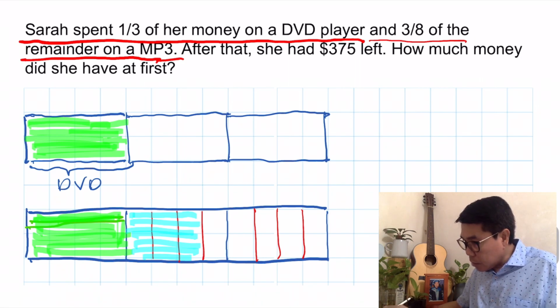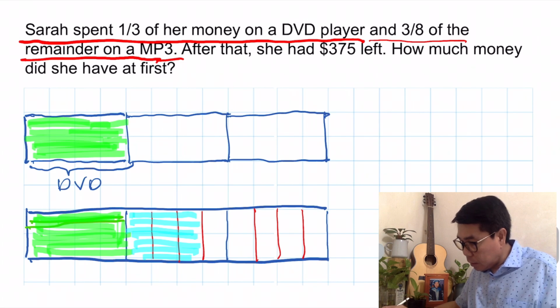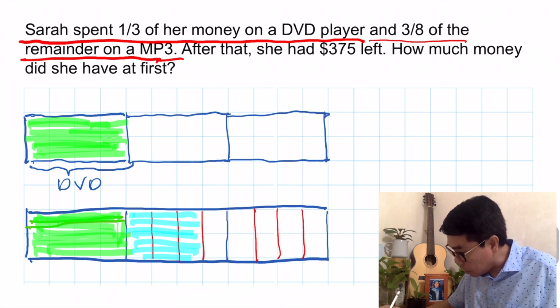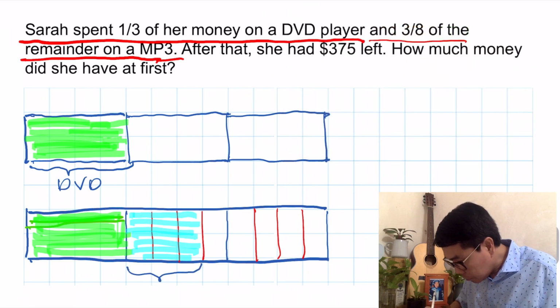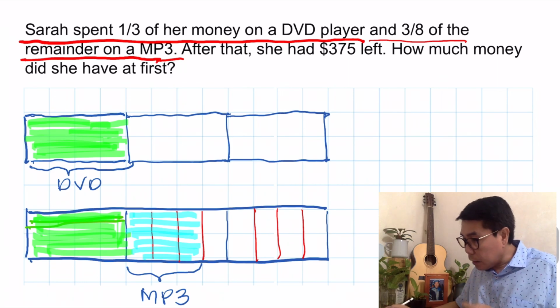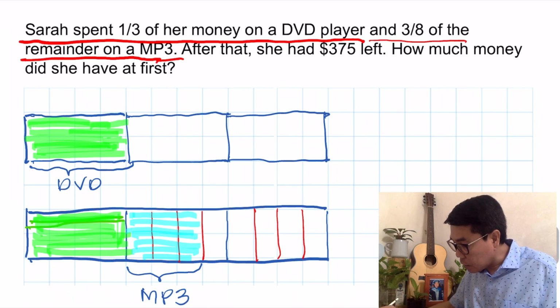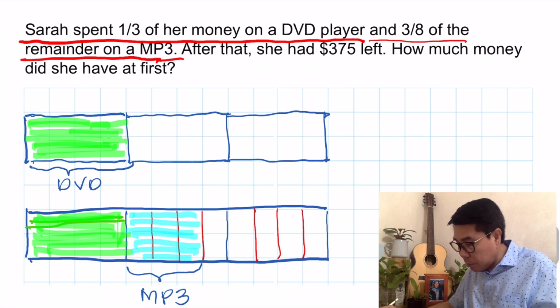So that one is for the MP3. Now, after that she spent 3/8 of the remainder for the MP3.